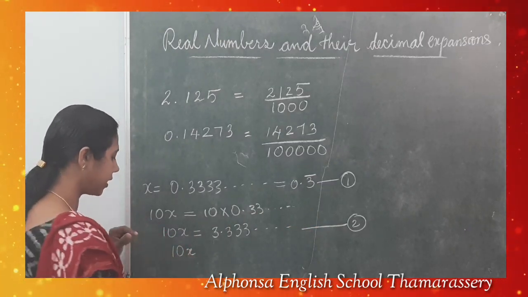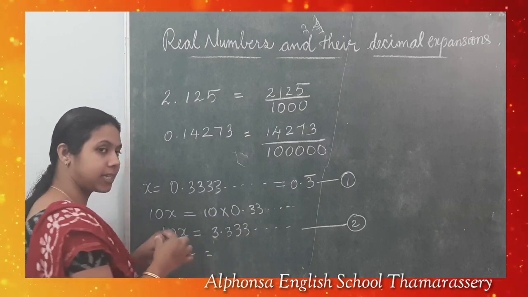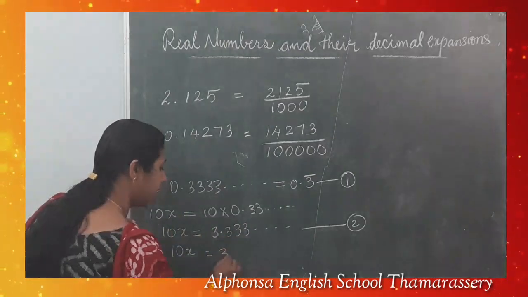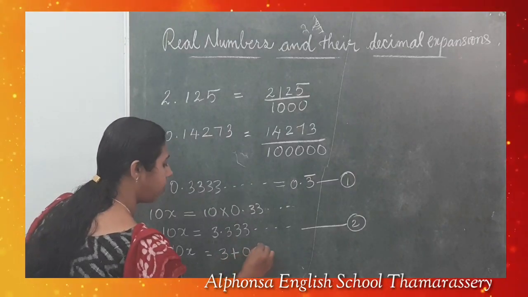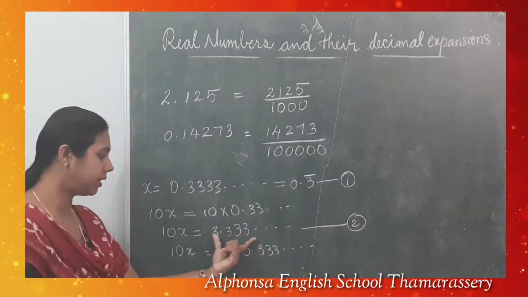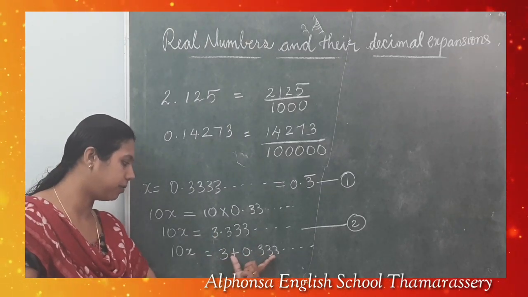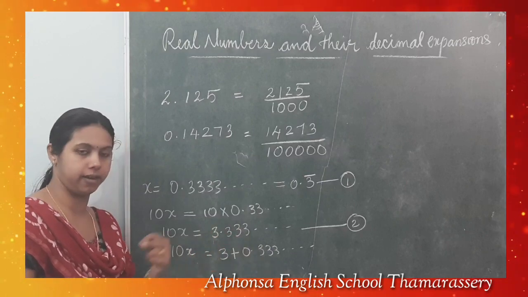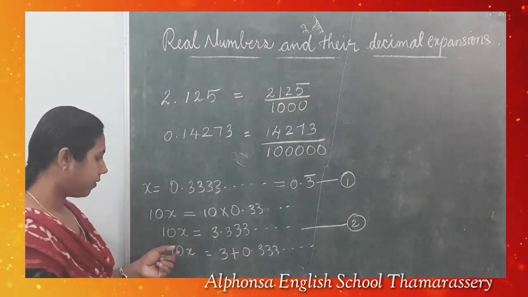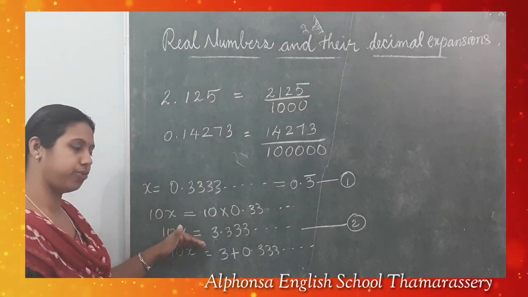Or you can write it this way: 3.333, etc. can be split as 3 plus 0.333, etc. Otherwise, subtract equation 1 from equation 2.